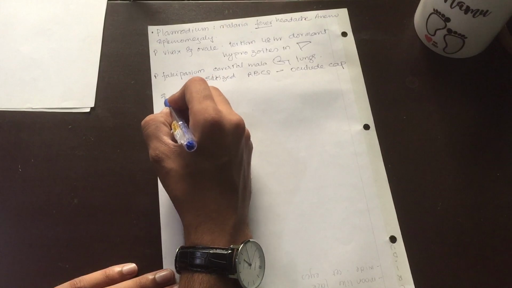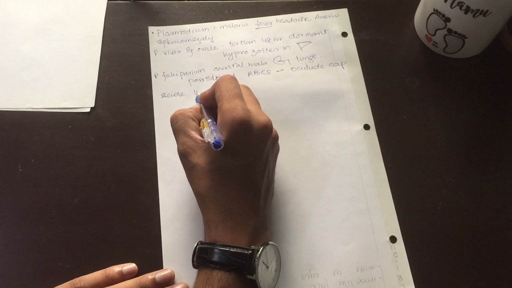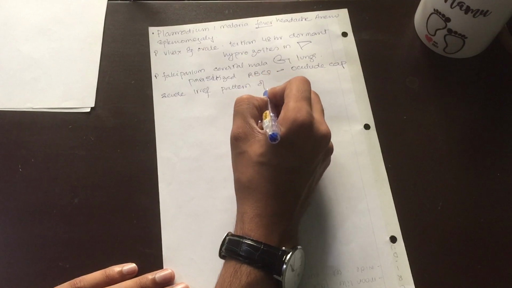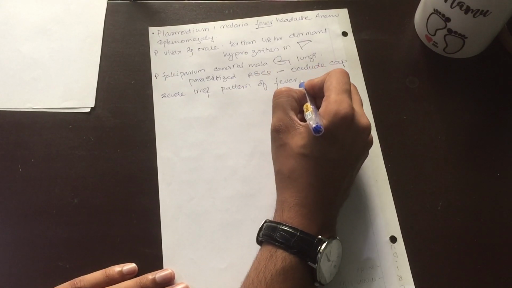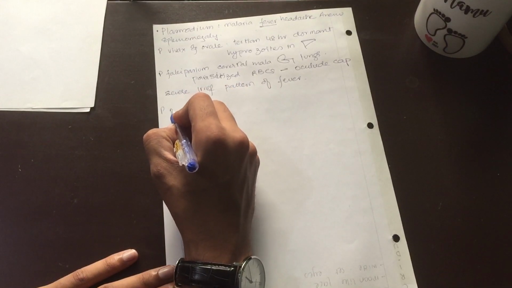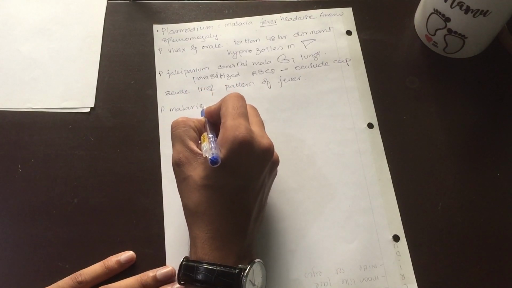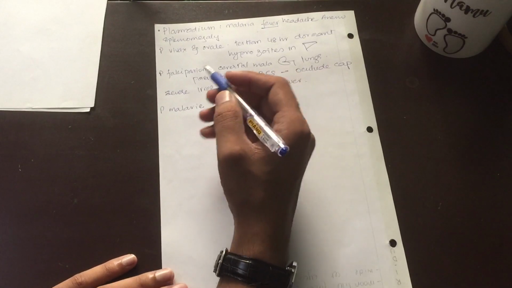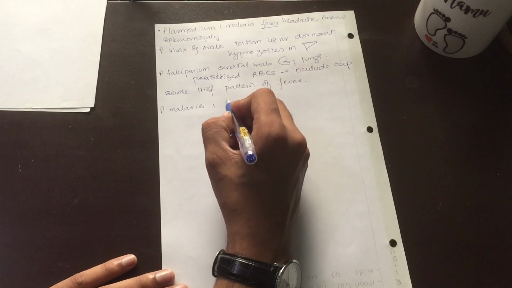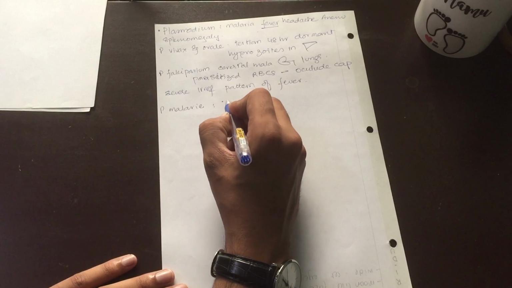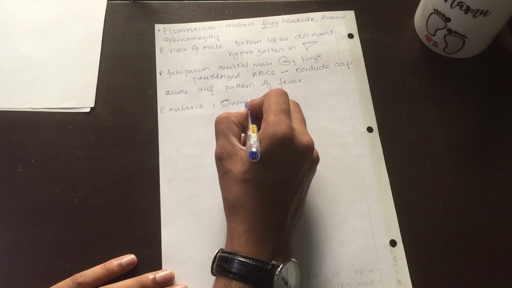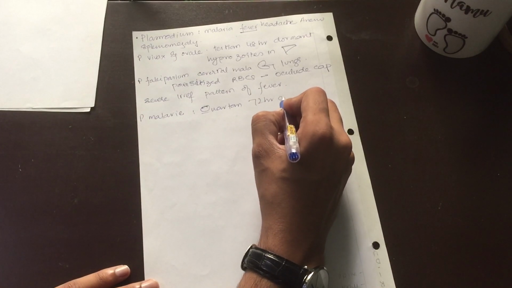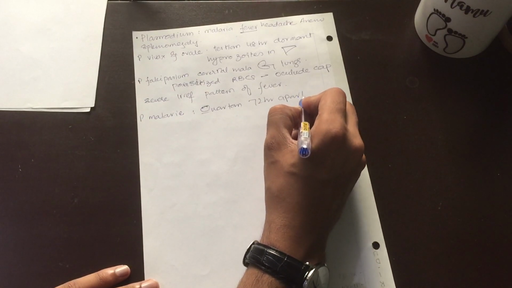It has a very severe, irregular pattern of fever. Next one is Plasmodium malariae, which causes a quartan, or fourth day, fever, 72 hours apart.